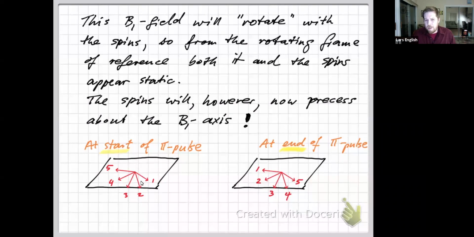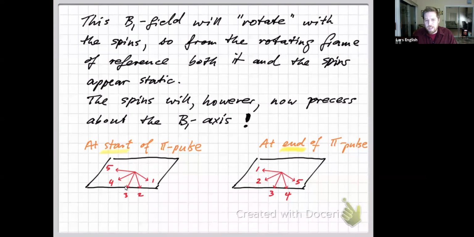So every single spin will have sort of rotated by 180 degrees. And so picture this spin here rotating by 180 degrees about B1. Where does it end up? Well, it ends up sort of on the left of this picture. So 1 is pointing maybe somewhere here.